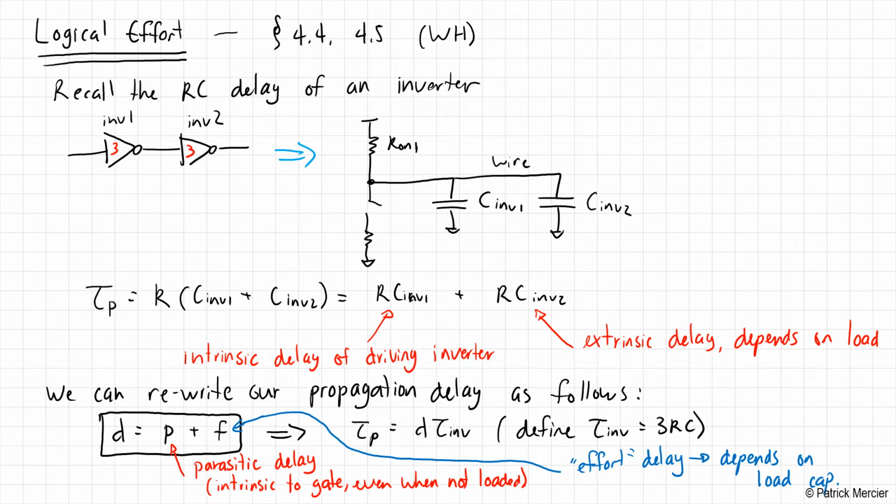Okay, so all what we're doing here is we're saying for any logic gate, we can normalize our delay to be the sum of the parasitic delay, or P, which is intrinsic to the gate. Even if there's no load, it still has some delay, has some parasitic capacitance at the output terminals, etc. And an effort delay, which is the effort the gate needs to exert in order to drive whatever happens to be loading it.